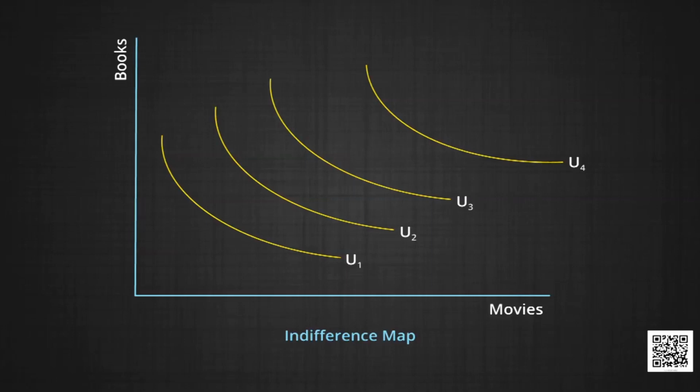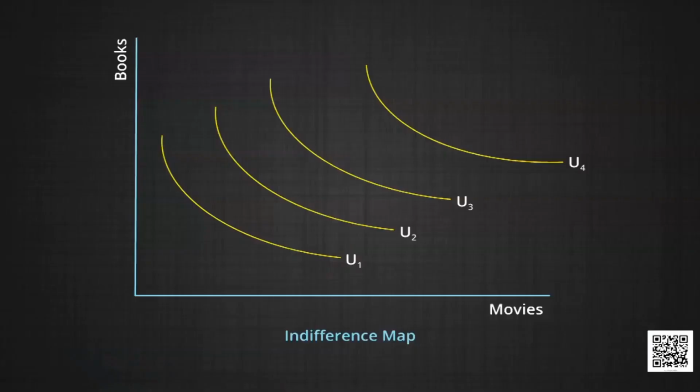In fact, complete preferences mean that every bundle in this diagram must lie on some indifference curve. The set of indifference curves representing a consumer's preferences is called an indifference map. The diagram on your virtual screen represents one such indifference map.